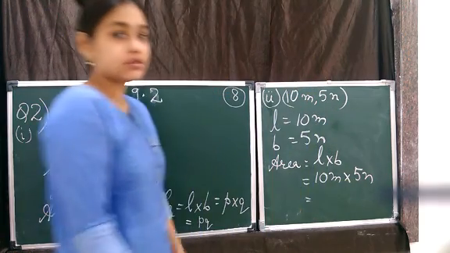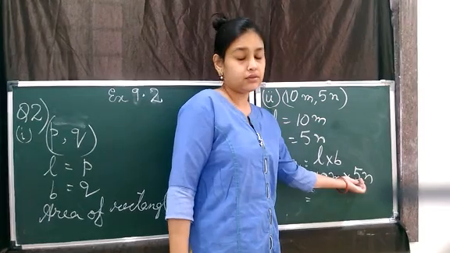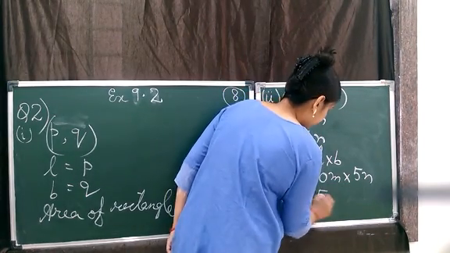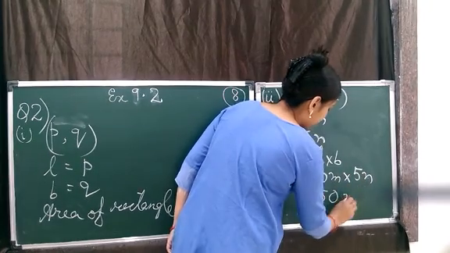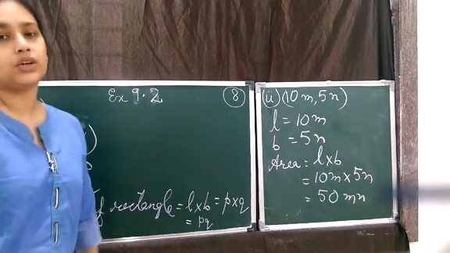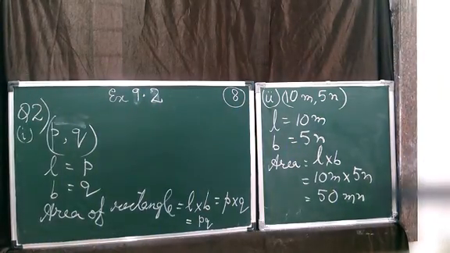Now we multiply the constants. Constants come from the numbers. So 10 5s are 50. m into n gives you mn. The variables are not same, so we are not supposed to add their powers.